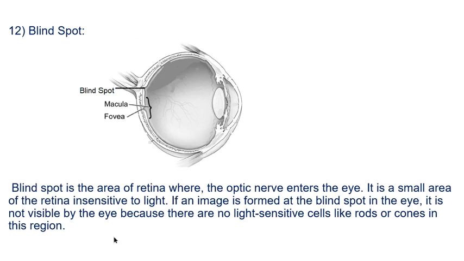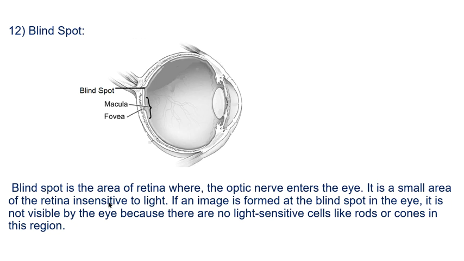The blind spot is the area of the retina where the optic nerve enters the eye. Now why does the optic nerve enter the eye? In order to capture the neural signals generated by the retina. So the blind spot, as you can see in the diagram, this is the optic nerve and this is the blind spot, the area of the retina where the optic nerve enters the eye.